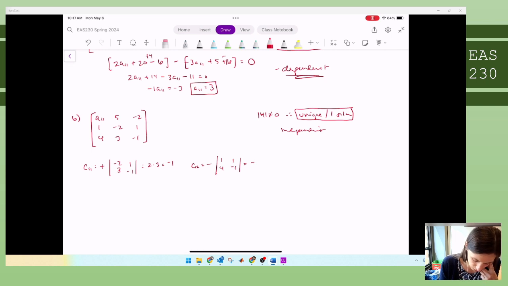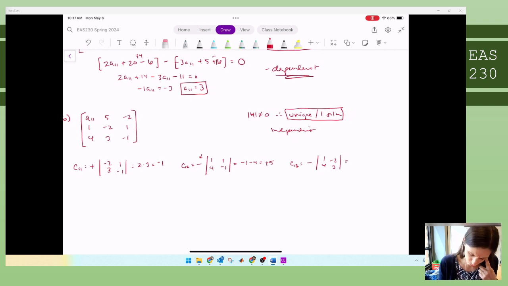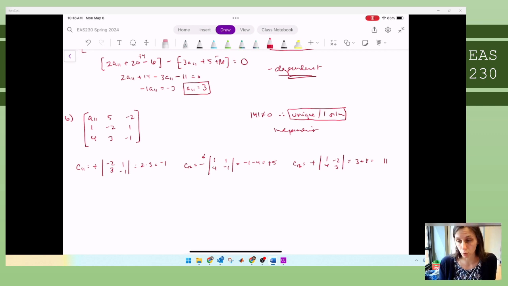So this one is negative 1 minus 4 equals negative 5, made positive because of the sign out here. C13 is 1, 4, negative 2, 3. There are fewer zeros in this matrix, which is kind of sad. I like the zeros. 3 minus negative 8 is 11, positive. There's my cofactors for my first row.